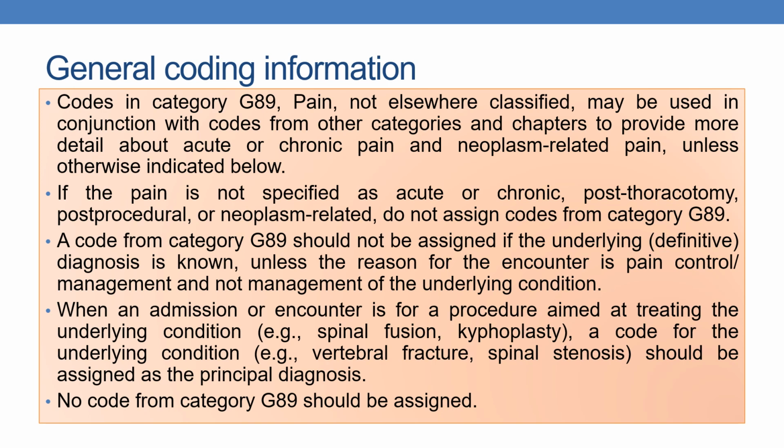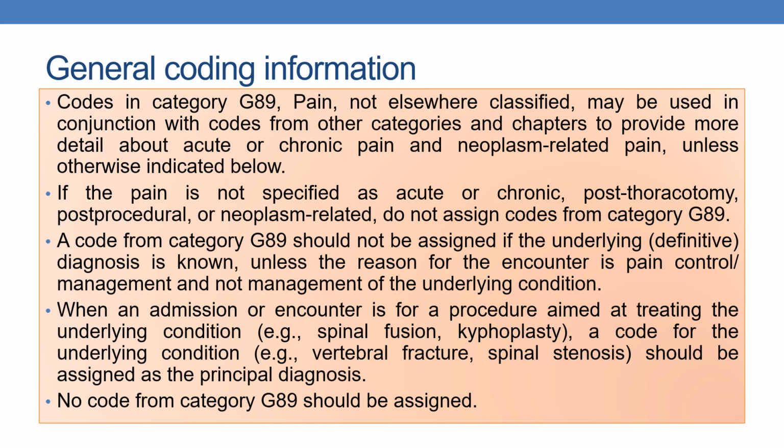So here the condition is osteoarthritis, but the patient is having chronic pain. If the reason for the visit is pain management, if he comes for pain management, then only you need to code the G89 series, G89.29 for chronic pain, followed by osteoarthritis.